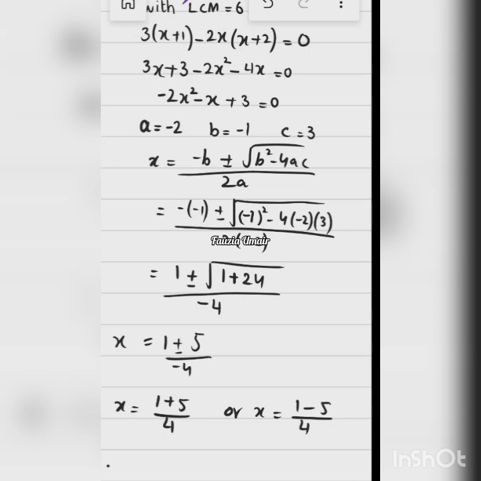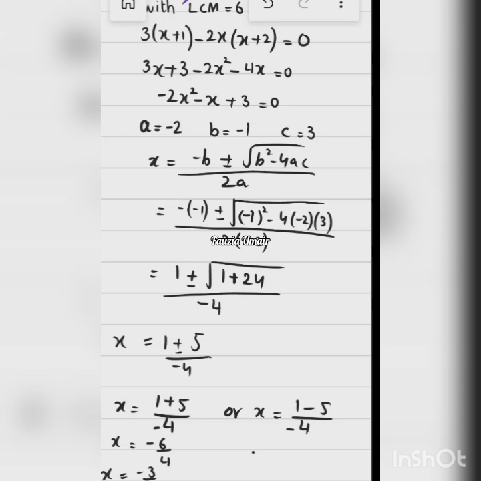We have to change the sign of minus 4. That's right. So this is minus 6 by 4, and we will get the answer minus 3 by 2.